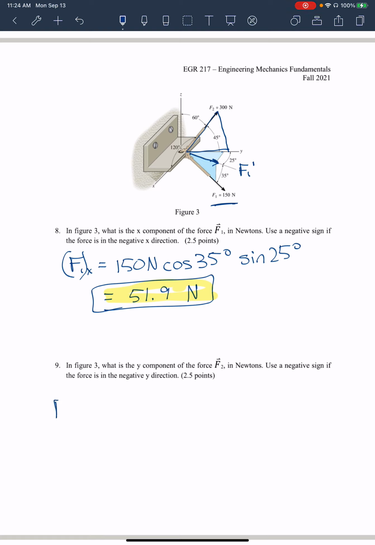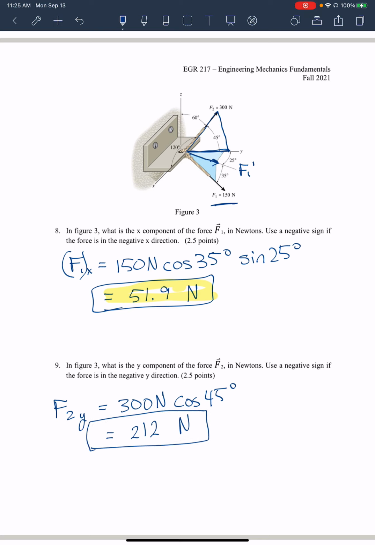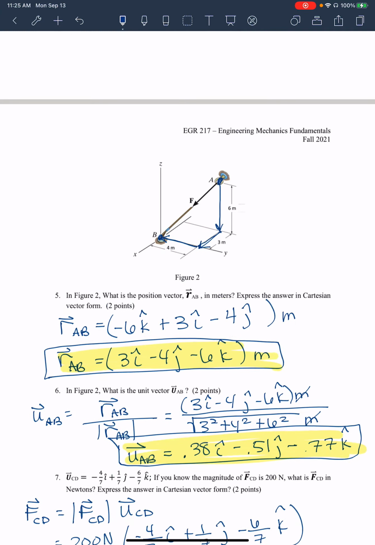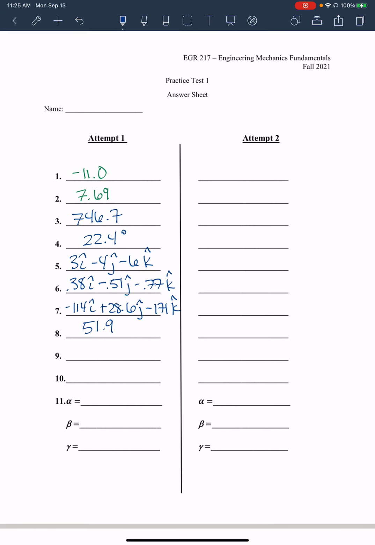And so F2 in the y component is just going to equal that 300 newtons times cosine of 45 degrees, because it's that adjacent side to that angle. So 300 times cosine of 45 is 212 newtons, and that is in the positive y direction. So 212. Write the answer in.